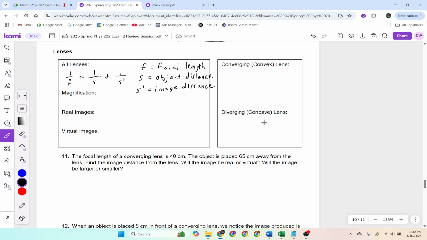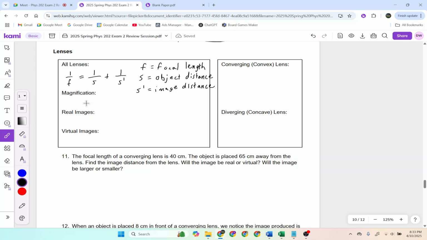You should know that s prime can be positive or negative. I'll explain more on that later. But s is always positive. The object distance should always be positive, unless you're talking about a compound lens in a very specific instance, which I'm not going to get into because I mess it up half the time and I don't feel confident with that right now.